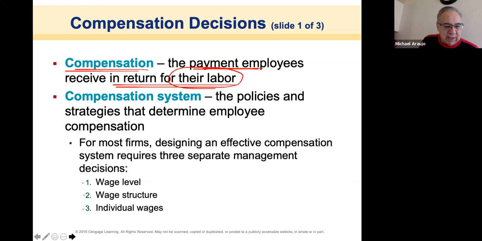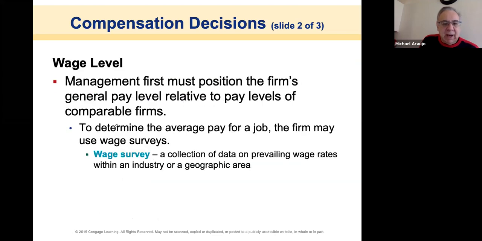Wage level is basically the general pay level relative to pay levels at other companies. A lot of companies will use wage surveys. They collect data on what other companies are paying for the same job, so they understand what wage level the job is at.